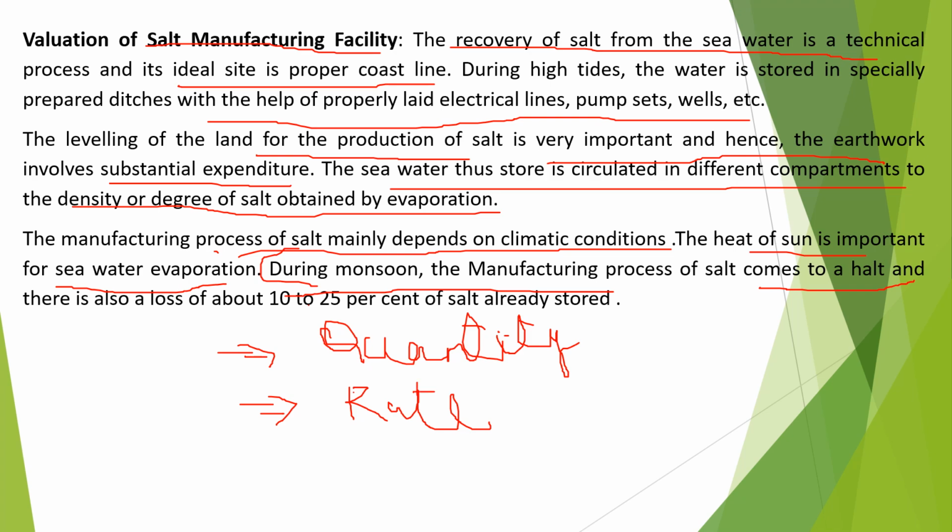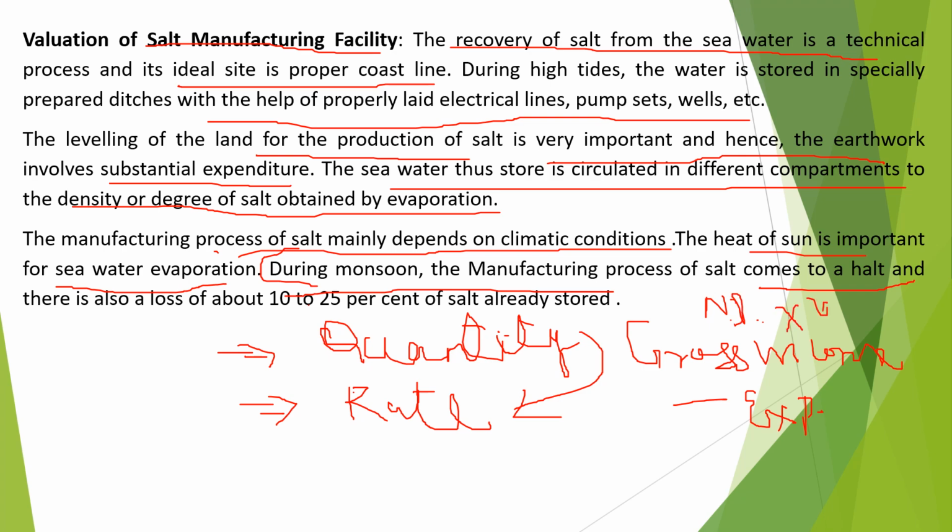You multiply this quantity with the rate, and that will give you the gross income. From this gross income, you will deduct the expenditure, and this will give you net income or net profit. Then you will multiply this net profit with YP, and that will give you the capitalized value of the property. The same thing which you have been applying in the income approach method will be applied here; there will not be any difference.